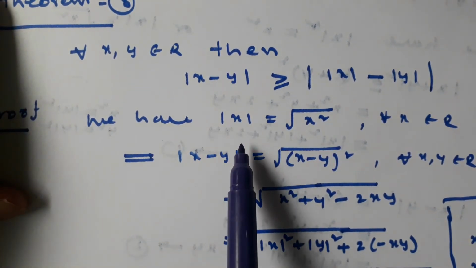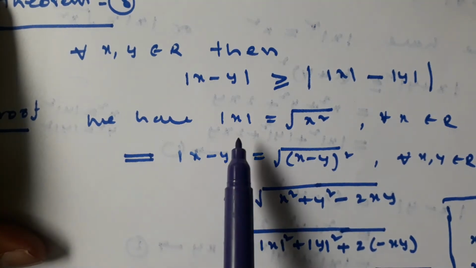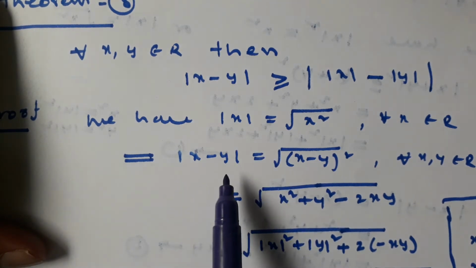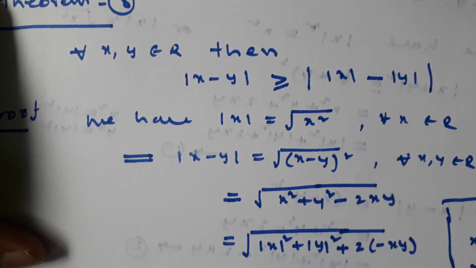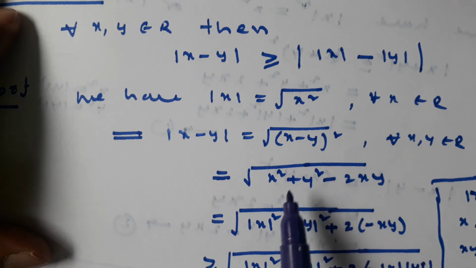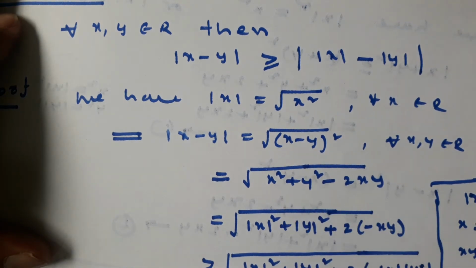We have mod x is equal to root of x square as the property. This implies x can be replaced by x minus y. So mod of x minus y is equal to root of x minus y whole square, which is equal to root of x square plus y square minus 2xy.